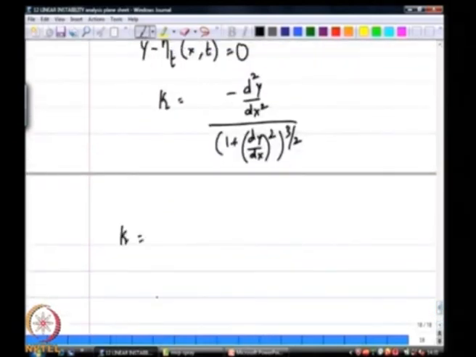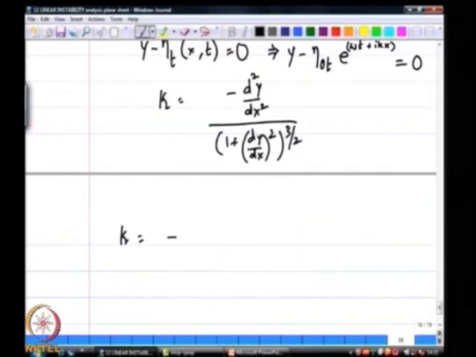So, if I simplify that, knowing the form of eta, which is eta 0 t e power omega t plus I k x, if I take the derivative twice, one derivative gives me I k times this, another derivative gives me I k times I k, which is minus k squared.